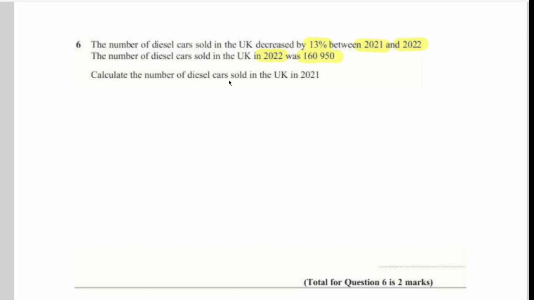Calculate the number of diesel cars sold in the UK in 2021. So this is under percentages. So you should memorize the percentage formula. Before doing this one, in percentage questions, there are 2 things that you will have to differentiate. You should know what the new value is, what the old value is.